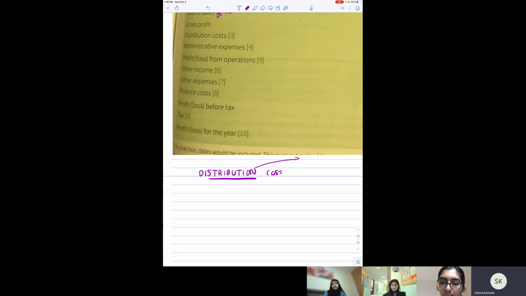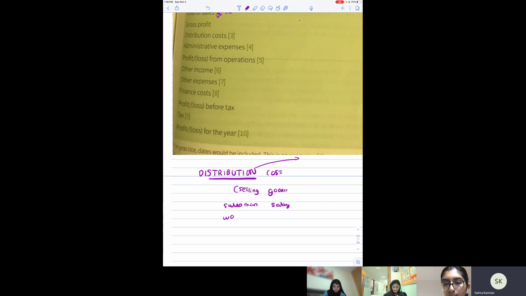Distribution means distributing goods. When I say distributing goods, means selling goods, right? So when I talk about distribution cost, it would have your salesman salary.